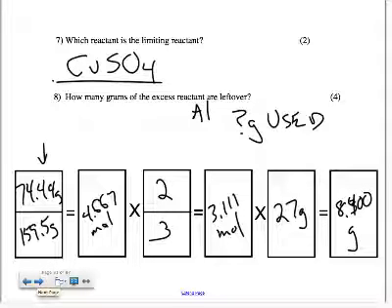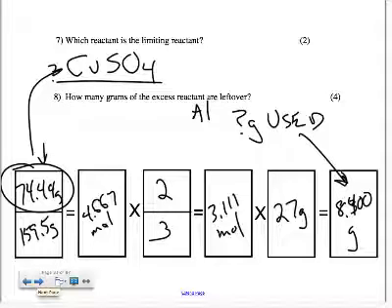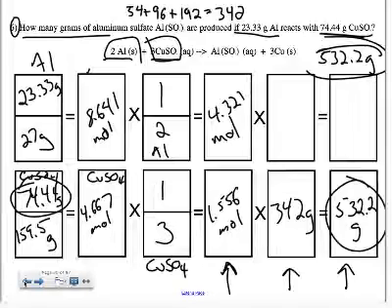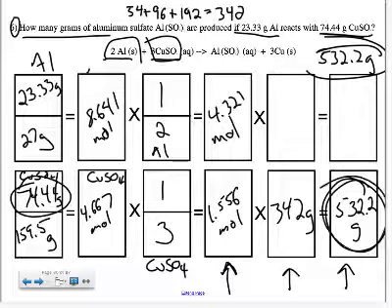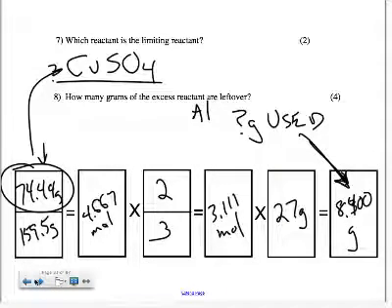So what this means is that when I used my 74.44 grams of copper sulfate, I also needed to use 8.4 grams of aluminum with it to create the 532 grams of product. The question is, how much excess aluminum do I have?